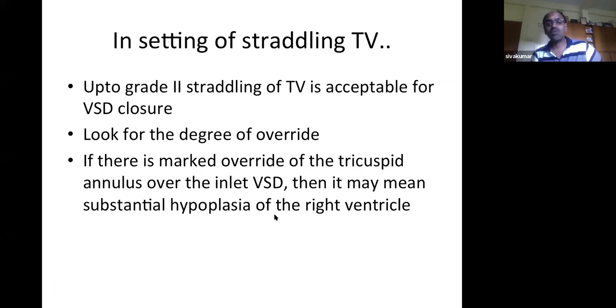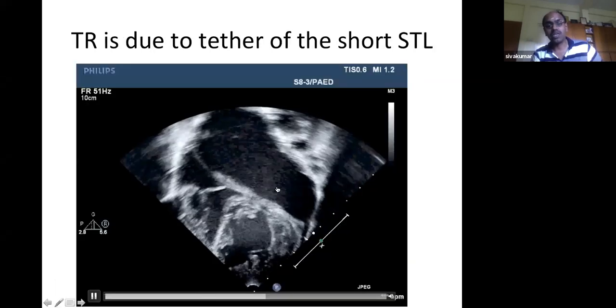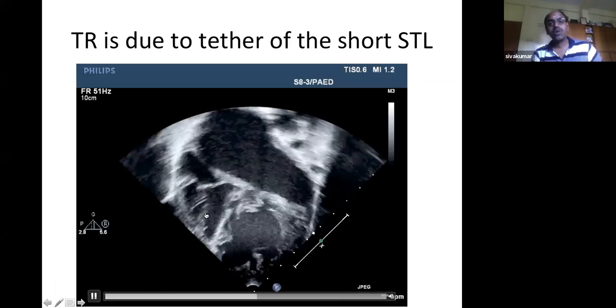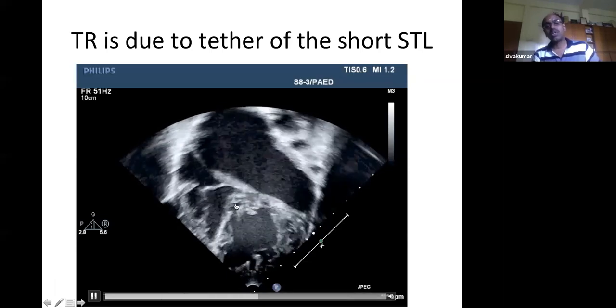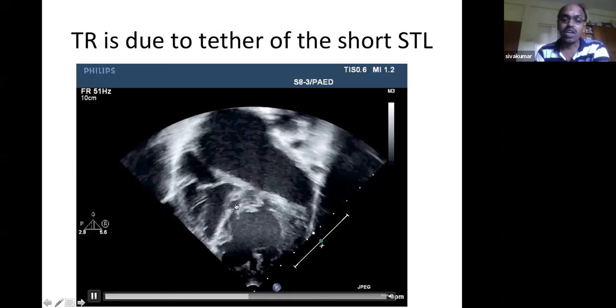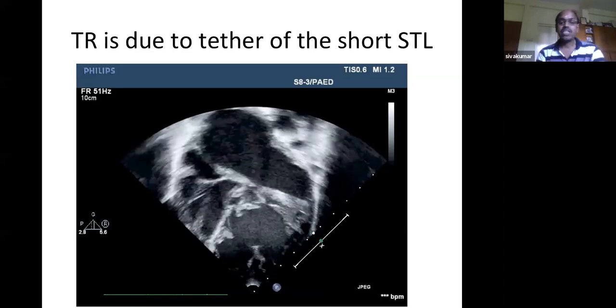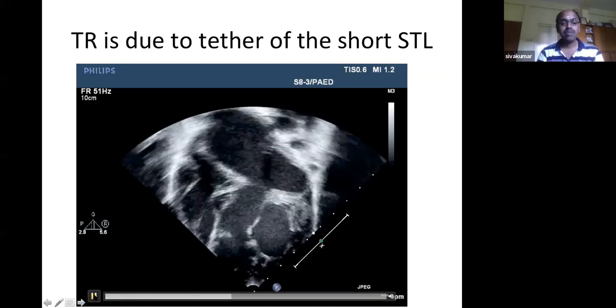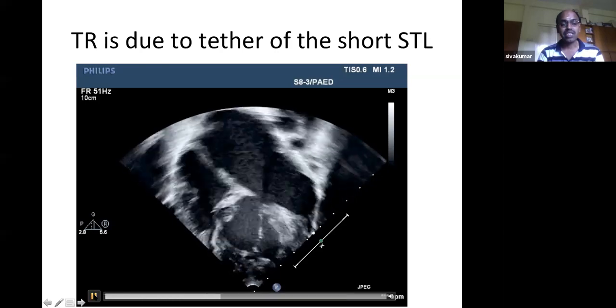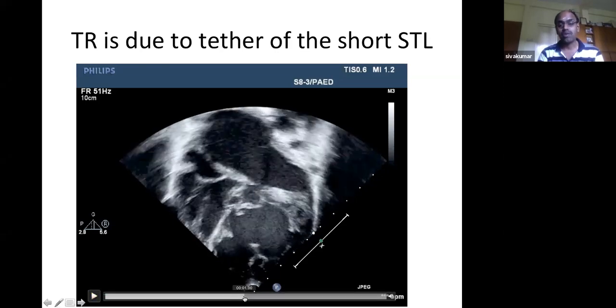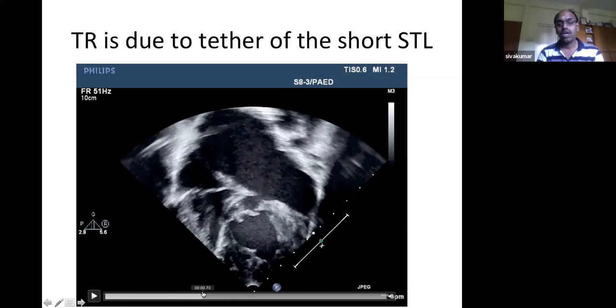If there is an override of significance, that means there is a hypoplasia of the right ventricle. So then you look at which of the leaflets are tethered. You can appreciate here, the septal tricuspid leaflet is significantly tethered. I will show it now. The tricuspid valve has closed down.